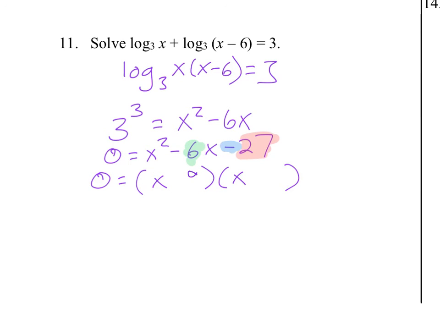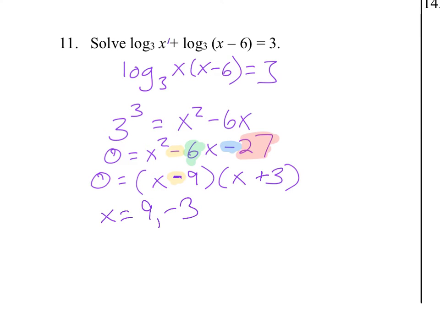That does it, 9 and 3. The largest is negative, so the 9 has to be the negative. So I have a minus 9 and a plus 3. So this means I have x equals 9 or negative 3.